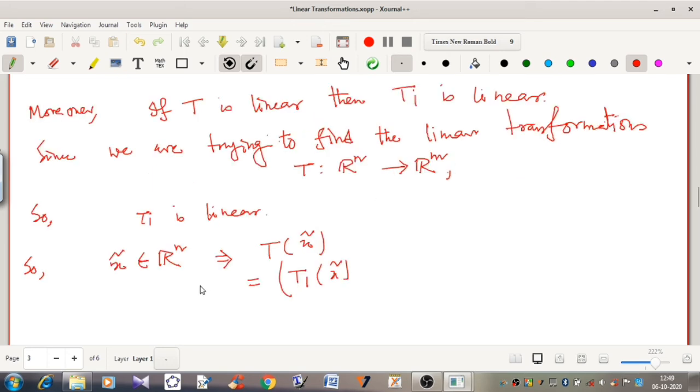If we take x tilde from the vector space Rn, then T of x tilde can be written as the m-tuple T1 of x tilde, T2 of x tilde, and Tm of x tilde, where each Ti is a linear map from the vector space Rn to R.